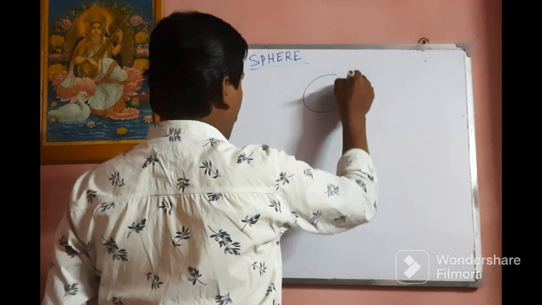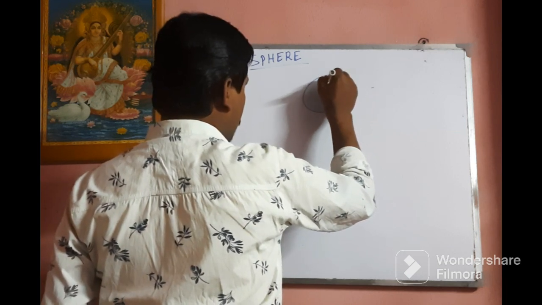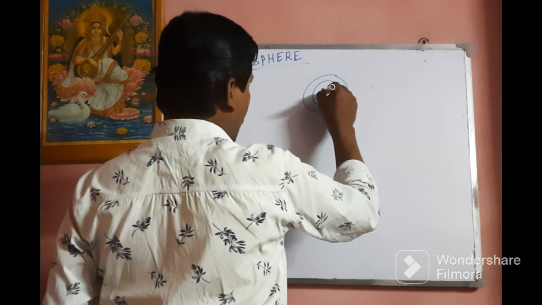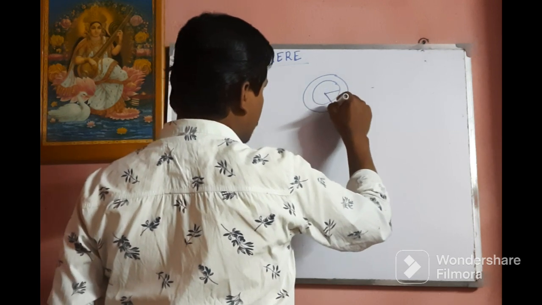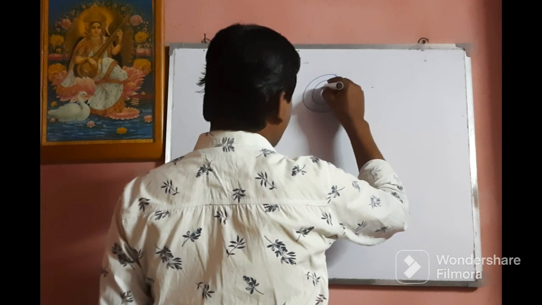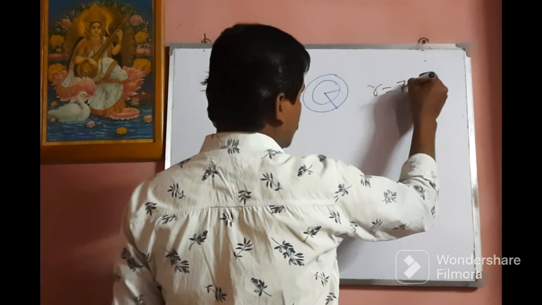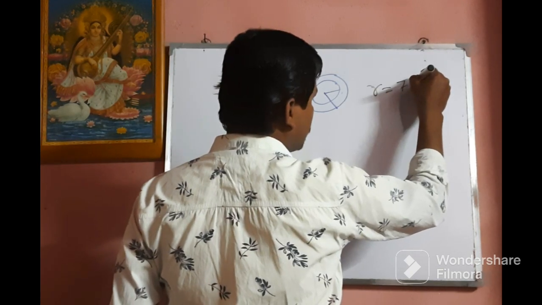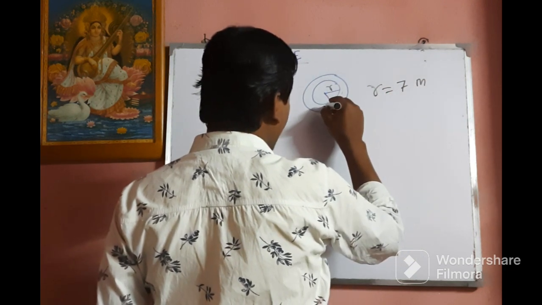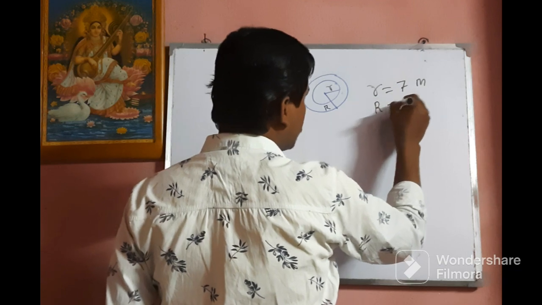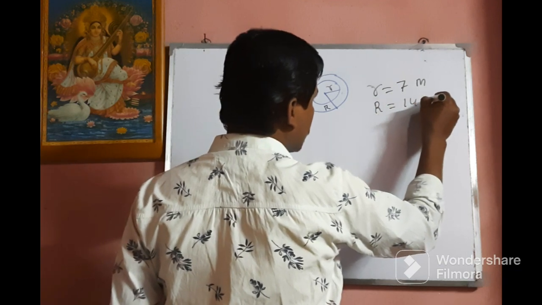If a hollow sphere is there and its inner radius and outer radius are given. Suppose inner radius r is equal to 7 meter and outer radius capital R is equal to 14 meter.